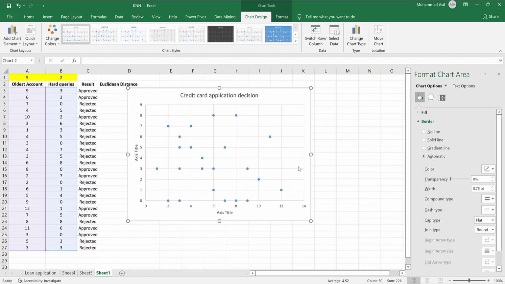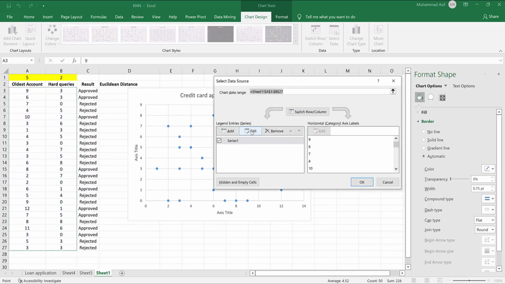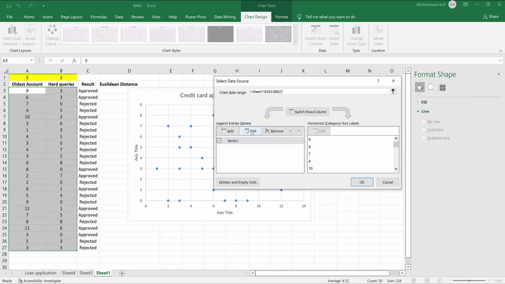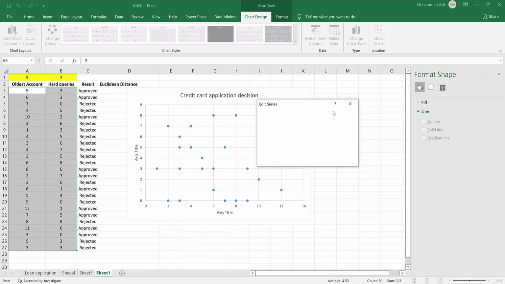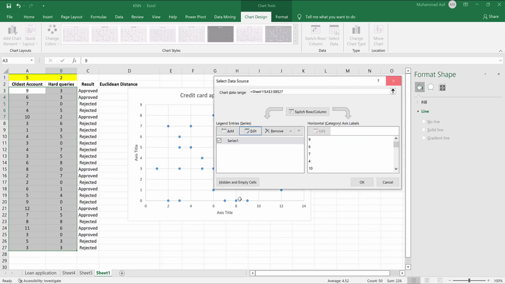In select data, if I click on this one, edit, that's the existing series, it shows that X values are 9, 6, 7, 4 and 10, and that is this one. So this is our X-axis, oldest account is the X-axis, and the series Y values are 3, 0, 5, 2, so that's our Y-axis. Okay, and we can label it accordingly.